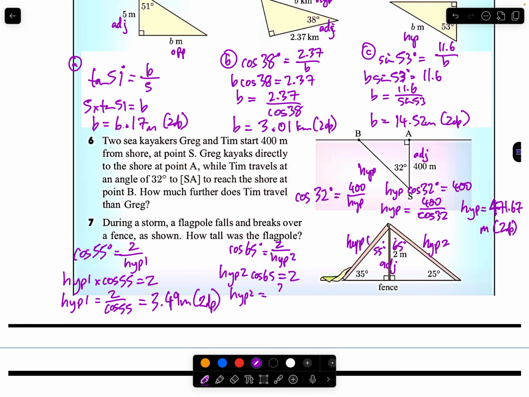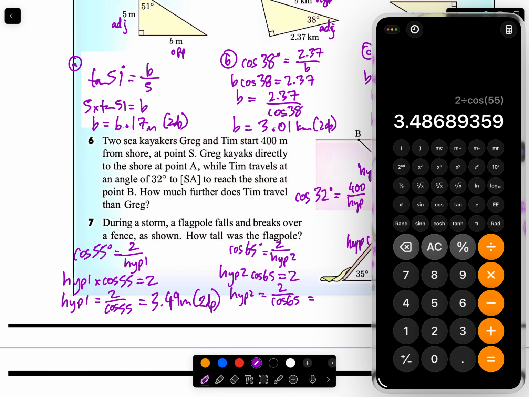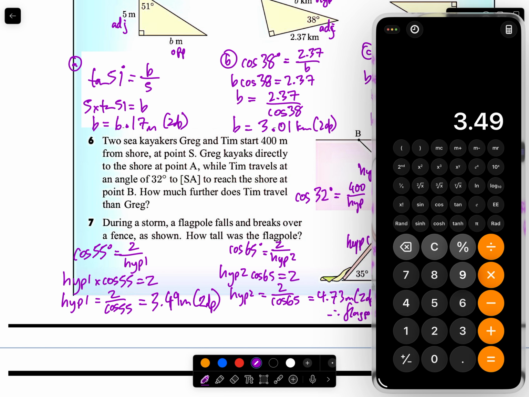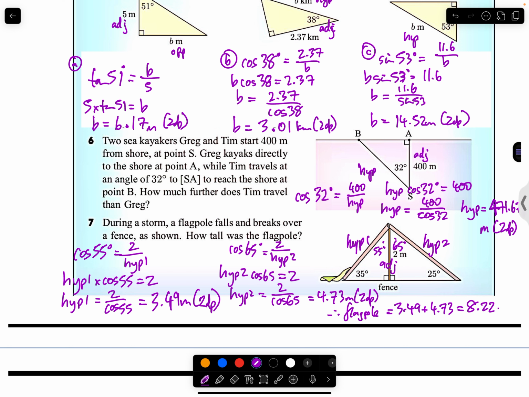Hypotenuse 2 is equal to 2 over cos 65 degrees equals 2 divided by cos 65, 4.73 meters rounded to 2 decimal points. Therefore, flagpole equals 3.49 plus 4.73 equals 8.22, about 8.22 meters.